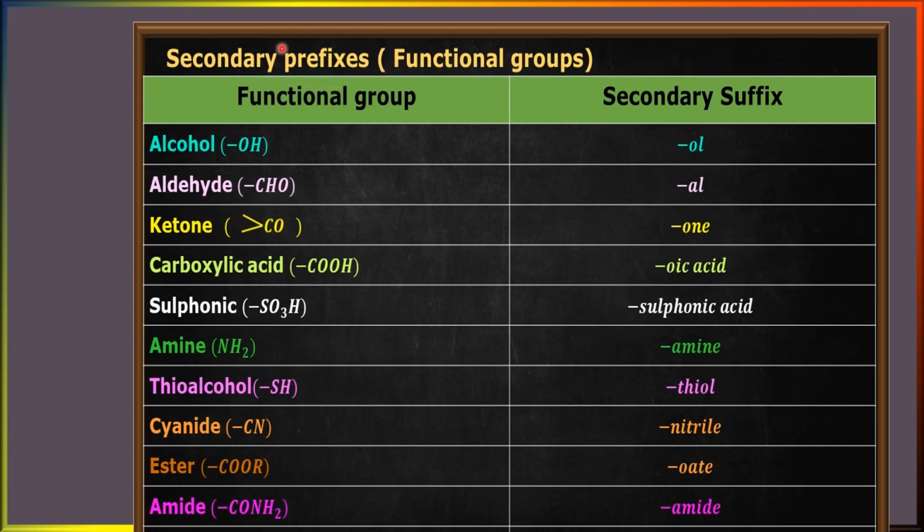Here, it should be suffixes, not prefixes. Okay, so this is the typing error. You please try to correct it. I request you all, please read it as suffixes, not prefixes.